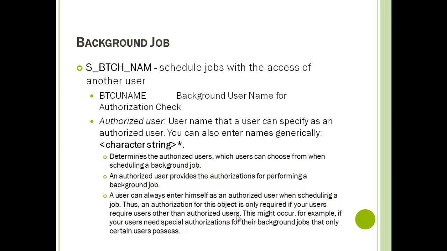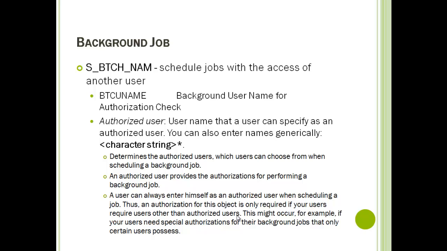Basically what happened in our previous exercise, I couldn't schedule the job. When I changed the job, I was trying to change the job which belongs to a different user, so I cannot reschedule that one because I did not have this authorization object. That's the reason. Using this particular authorization object, you can schedule the job using authorization of a different user.